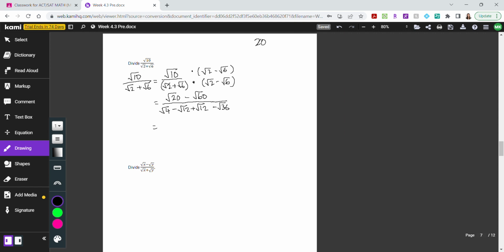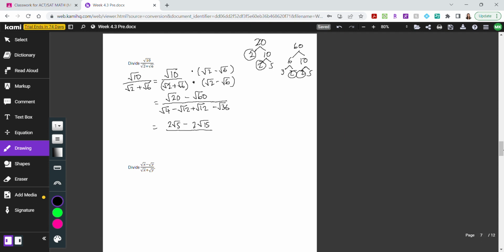So 20 is like 2 and 10, 2 and 5, so these two. So we'll get 2 square root 5 minus 60 is, let's do 6 and 10, we got 3 and 2, 2 and 5. Again, 2 is repeated, so we are going to get 2 square root 15. These two will multiply with each other since they weren't repeated.